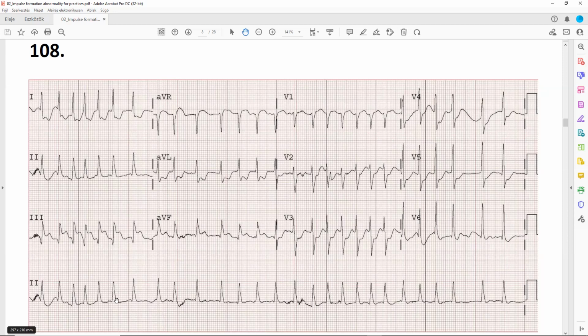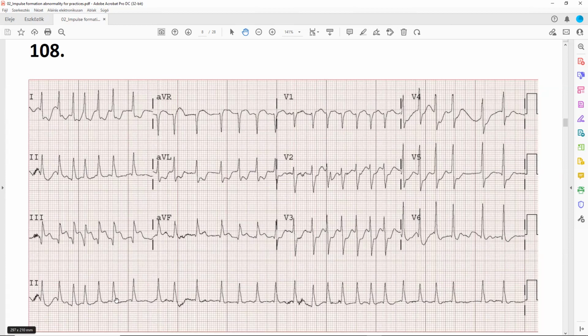Impulse formation center. Do we see P waves? Nice sinus P waves? No. I would say no. So arrhythmia absoluta, no P waves.